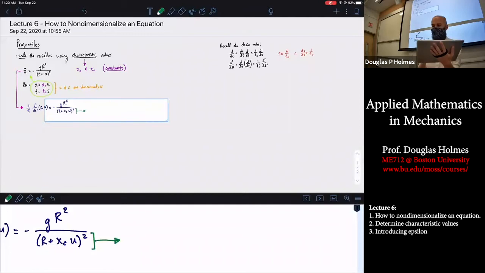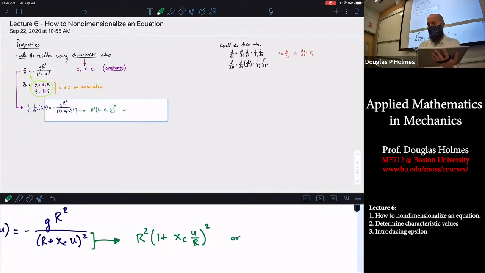I could factor this denominator to look like this: I could pull out r squared, so I have r squared times (1 plus xc u divided by r) squared. Take a minute just to verify in your head that I'm factoring out the r squared.